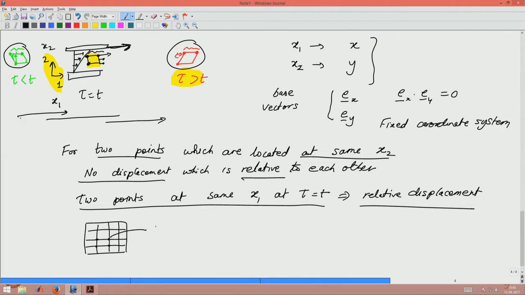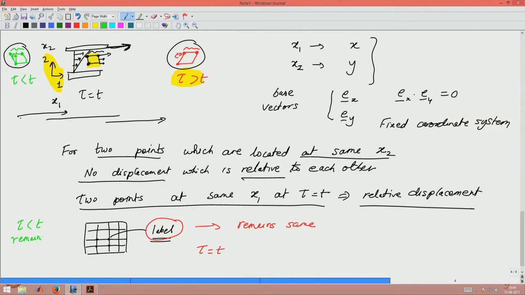So, each and every material point gets a label, and this label will make sure that I can track this material particle. At any time in the future, the label of the material particle will remain the same, because it is a label of that particular material particle. Similarly, the same material particle at some time in the past, when tau is equal to t, again remains the same.